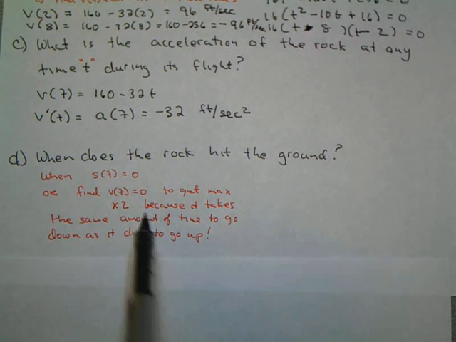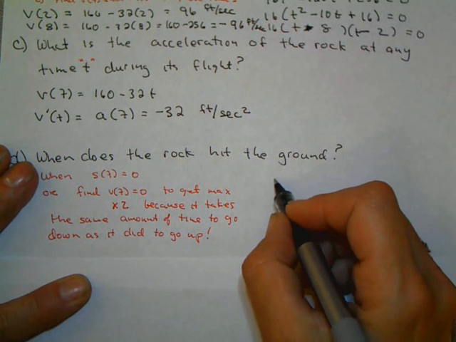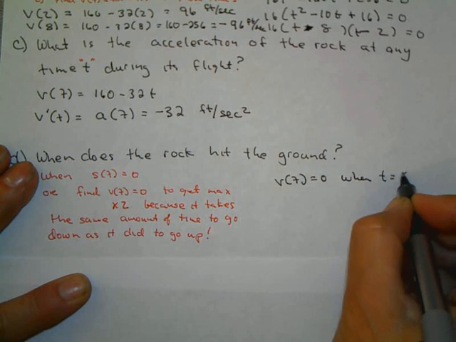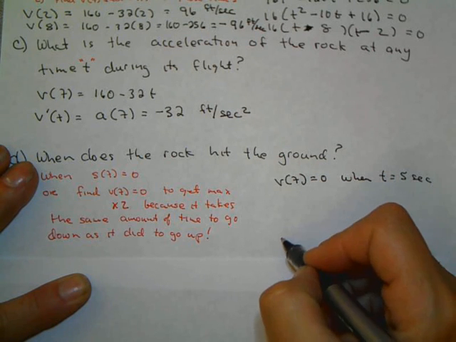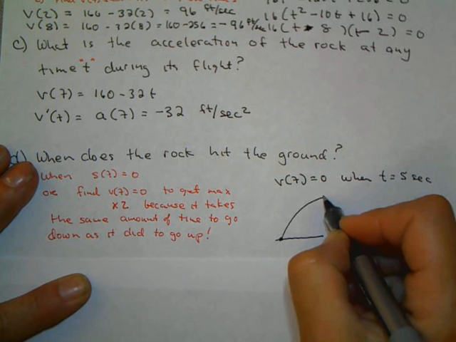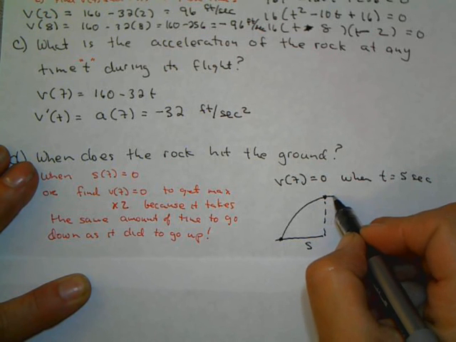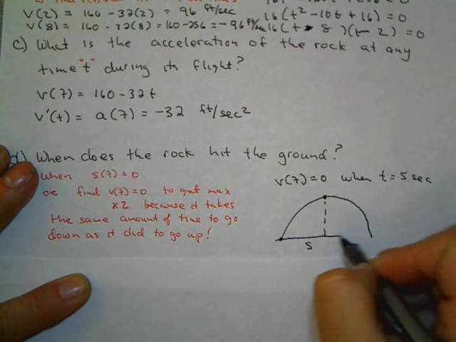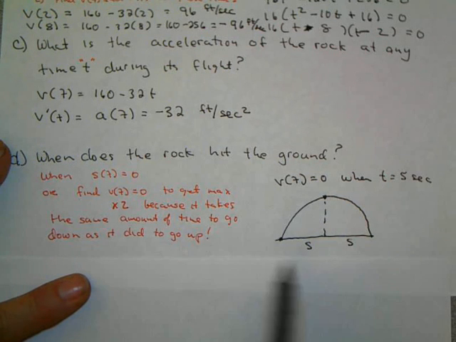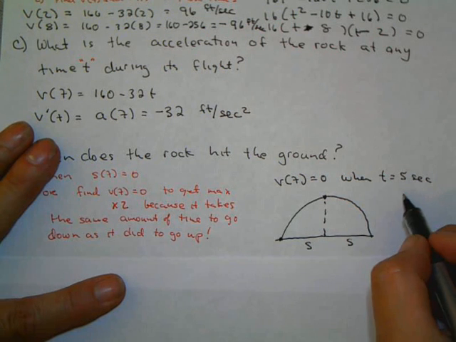And when does the rock hit the ground? Well, you've always looked at it as when the position function equals 0. The other thing we can do, because we've already done this, is find where v of t equals 0. Because if you recall in part A, we found that v of t equals 0 when the time equals 5 seconds. So it took 5 seconds for the rock to reach its maximum point.